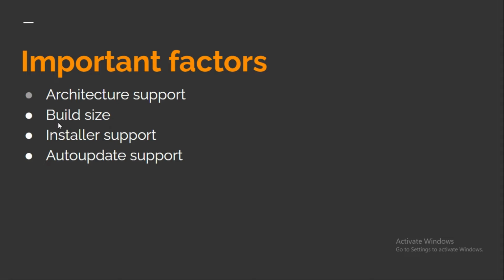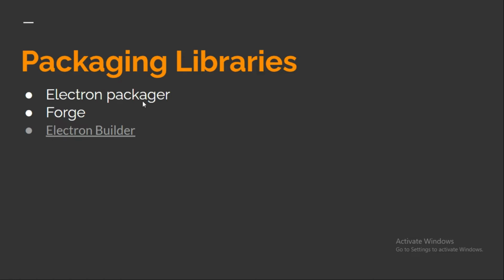Next, an important thing I would say is build size. I personally used Electron Packager, and it creates a build that is more than 600 MB, and sharing a build that large is a headache, and people will not take interest in our application.